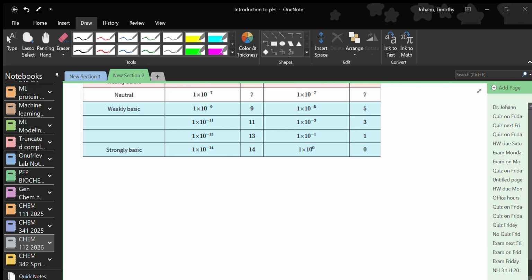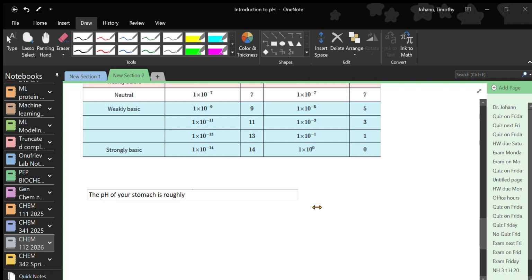But let's just say the pH of your stomach is roughly, I mean, it's going to be different for everybody, and depending on what you've eaten, it's got a range.